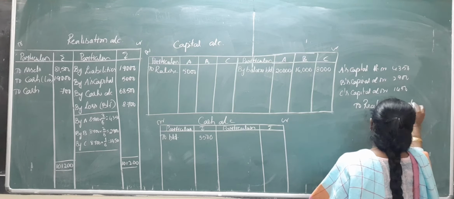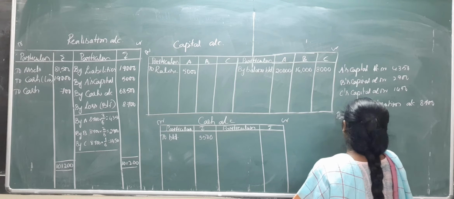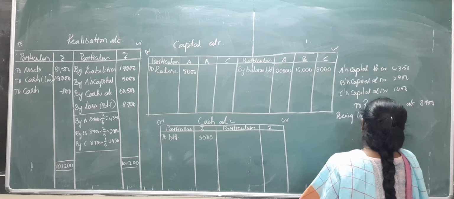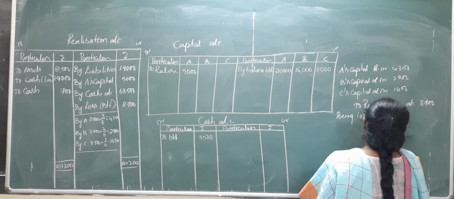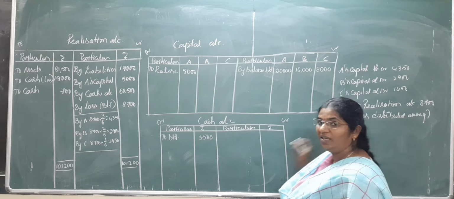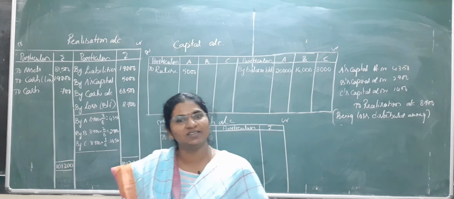Total amount of loss is 8,700, being loss distributed among partners.